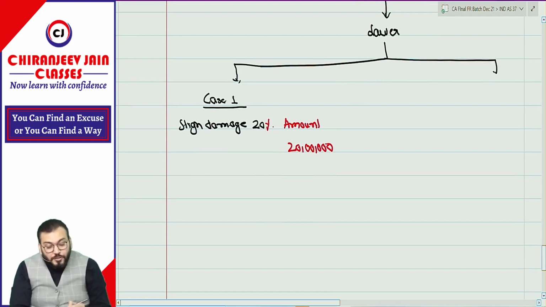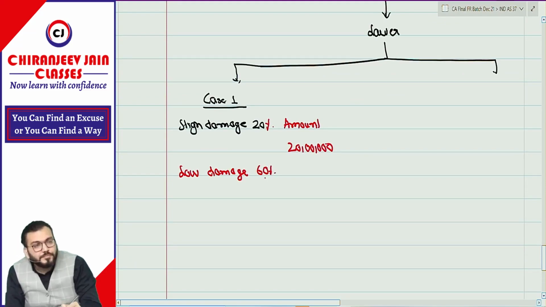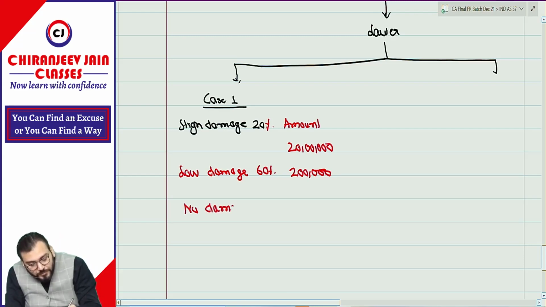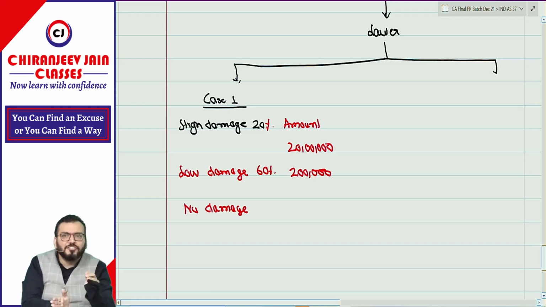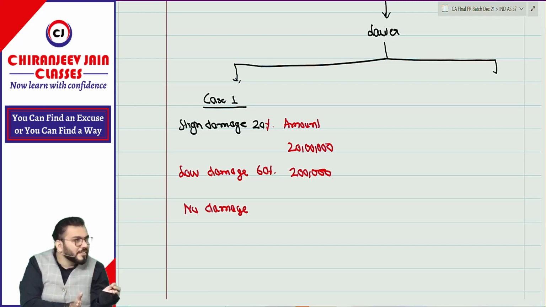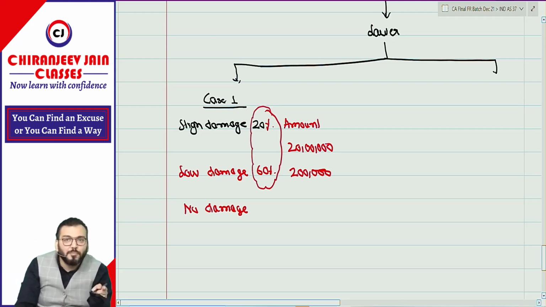Understood? Chances of low damage is 60%, and the amount of damage is 2 lakh. And chances of no damage, no damage means chances of winning. Damage means chances of losing the case. Correct now? So here the total chances of losing the case is what? 80%. Means present obligation.